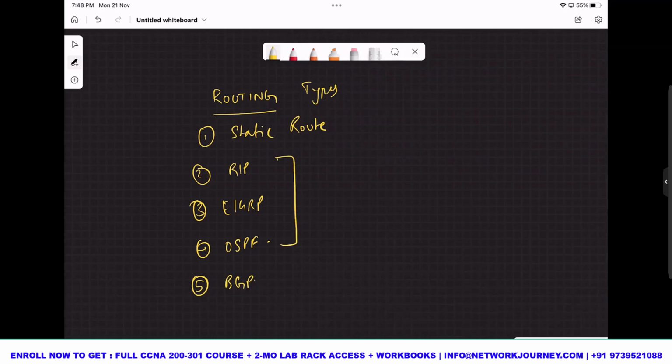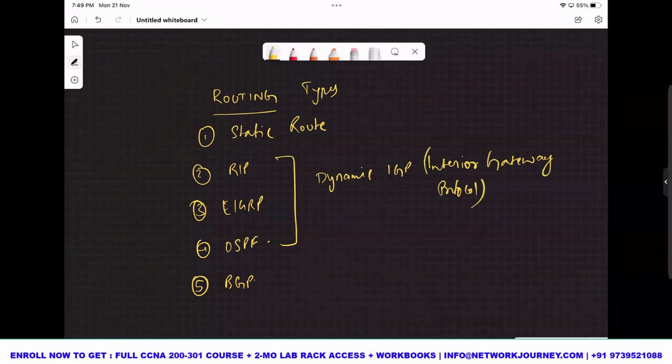So these are the dynamic routing protocols. IGP is the interior gateway protocol, and this is called EGP, the exterior gateway protocol.